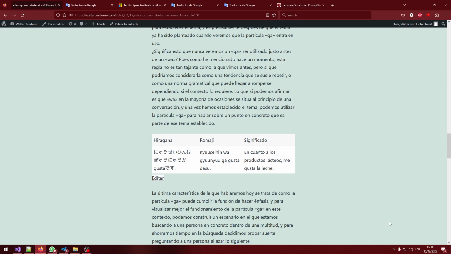Let's say it is a costume party, so everyone is wearing masks, so it's impossible to guess who is who. So maybe Akari comes closer to a person and asks this, let's say.